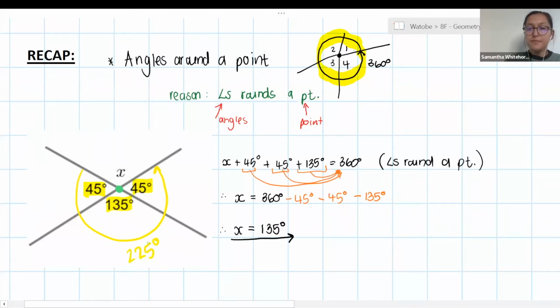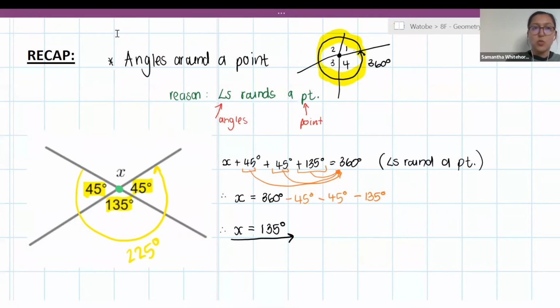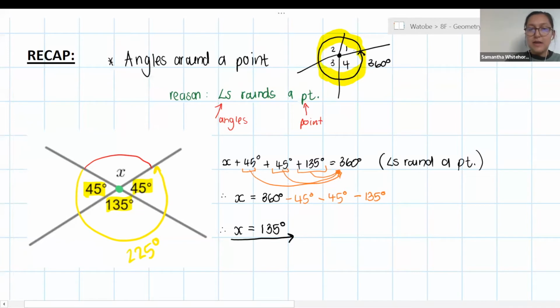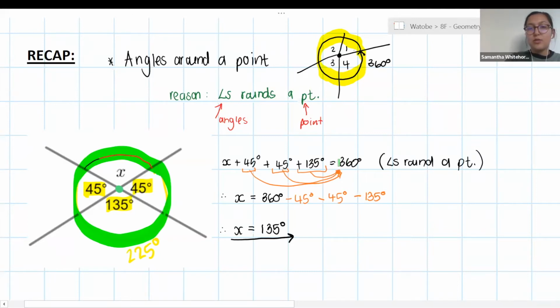But remember, what you're trying to solve is this missing angle X. Now, what we know is that all four of those angles form a circle. And that's why I'm using 360 degrees, because there are 360 degrees in a full circle.